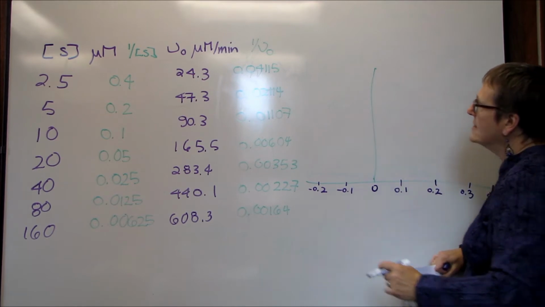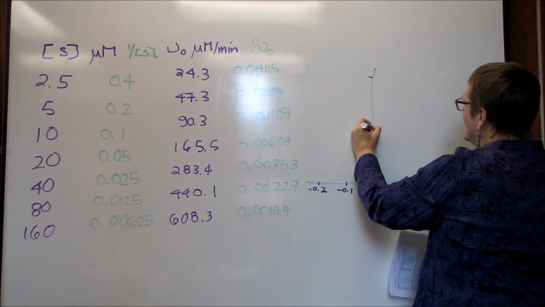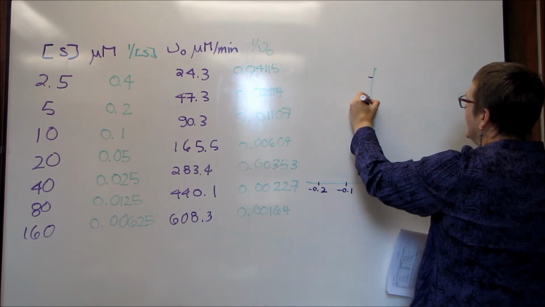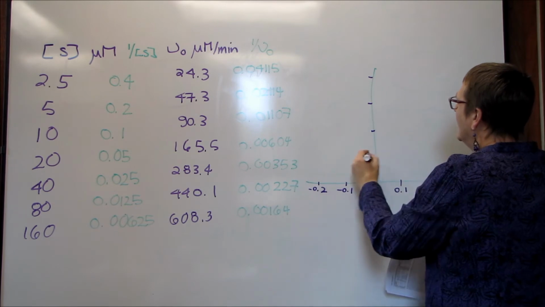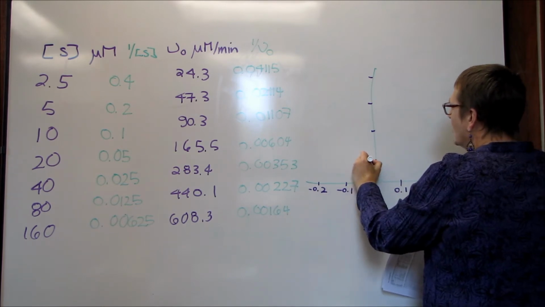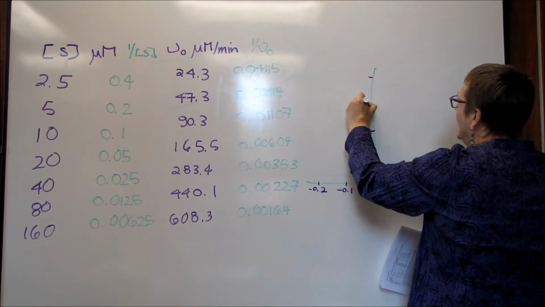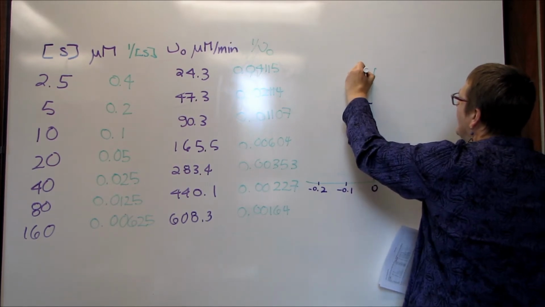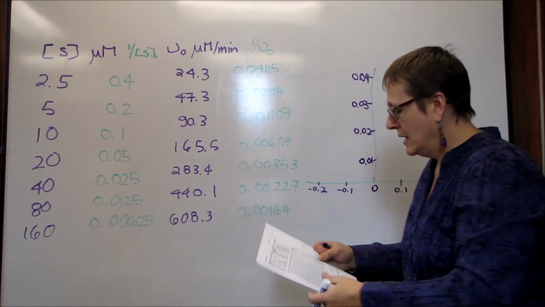Now on my y-axis, I've got to get as high as 0.04. So I'm going to divide that evenly, noting that a lot of these points are going to be really tiny, and I'm going to call that 0.01, 0.02, 0.03, and 0.04. Now it's going to be really hard to plot this nicely without any grid lines, but I'm going to do a try at it.